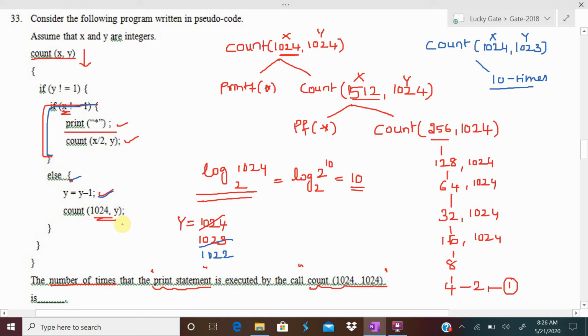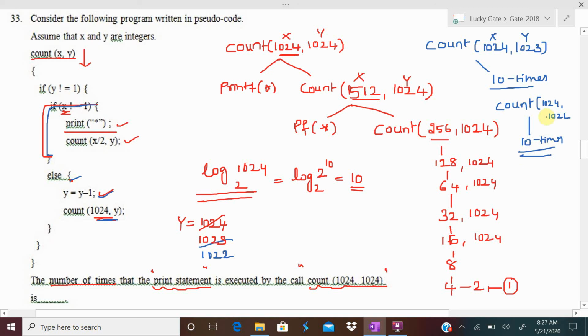Again it calls the function, count of 1024 comma y. What is y now? 1022. Again it is repeated for 10 times.